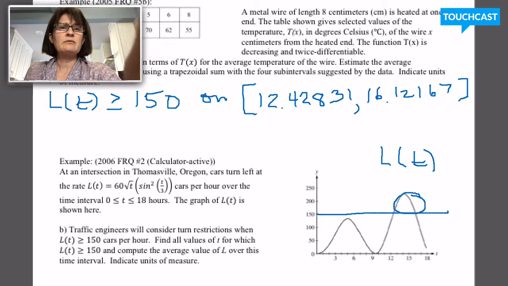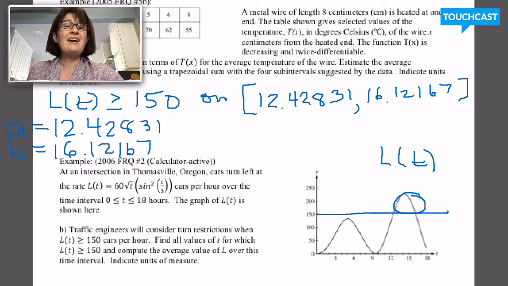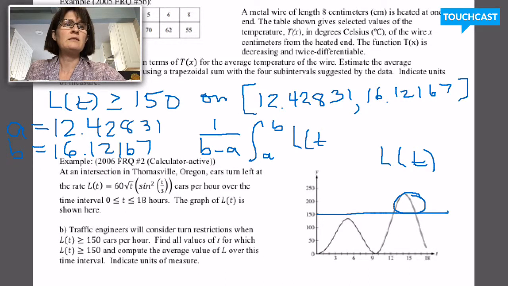This is what I would do. There are a couple of ways to write your answer. I would define, say I'm going to let a equal 12.42831. I'm going to let b equal 16.12167. And then the expression that I was asked to give is going to be 1 over b minus a, the integral from a to b, L of t dt.